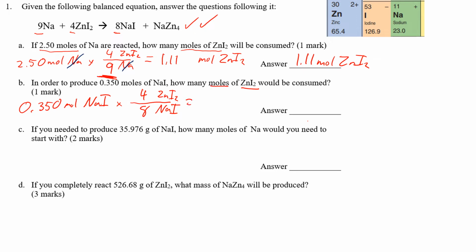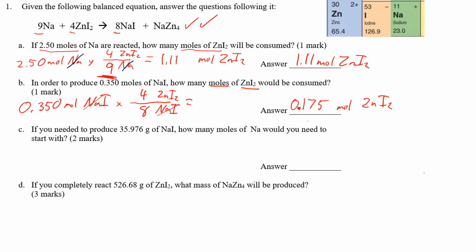And I want moles, so NaI is going to cancel out, and my unit is going to be left as moles of zinc iodide. So in my calculator, I'm just 0.35 times 4 divided by 8, 0.175.